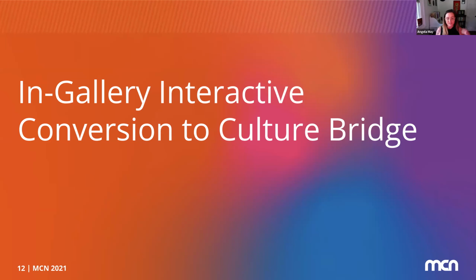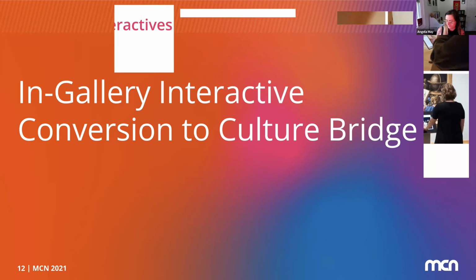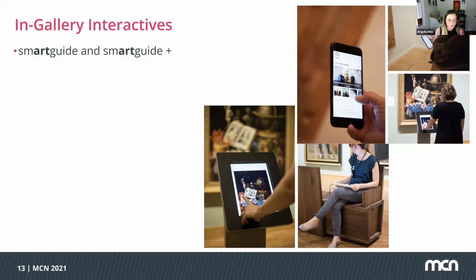So interactives, we're going to get to our interactive conversion, and we're going to look at some of our in-gallery interactives to talk about how we moved them to an asynchronous resource. Our in-gallery digital interpretation and engagement, that's our smart guide, which you see right here, and that's our digital guide through the galleries.